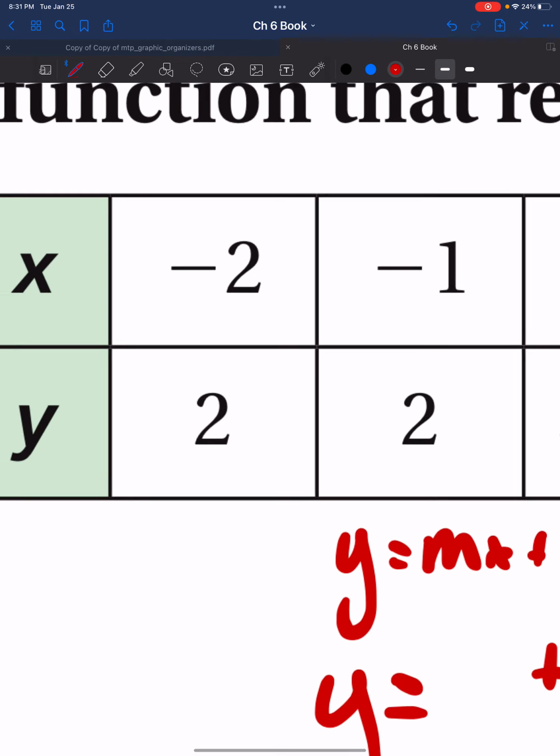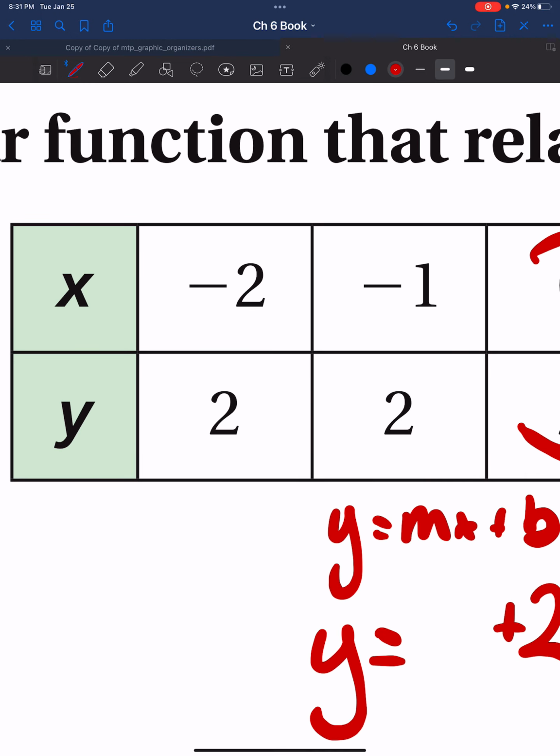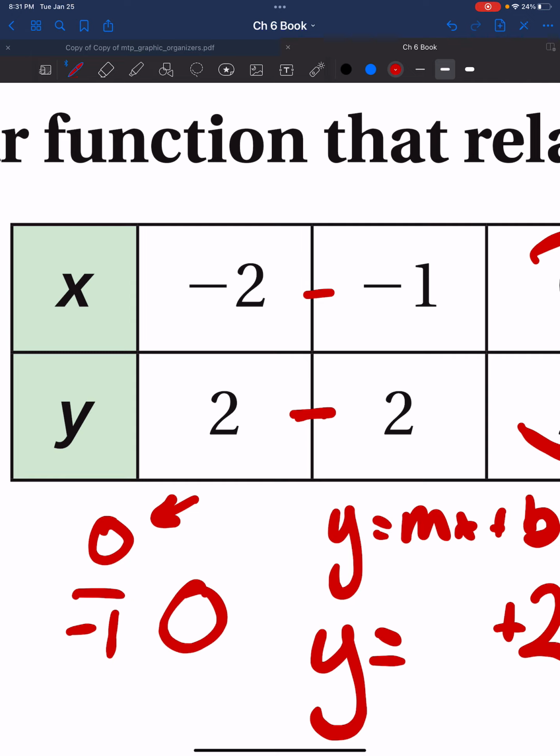Well, change in y's over change in x's, right? Let's just take the first set. What's 2 minus 2? 0. What's negative 2 minus negative 1? -1. Now, if 0 is ever in the numerator, 0 divided by anything is just 0.